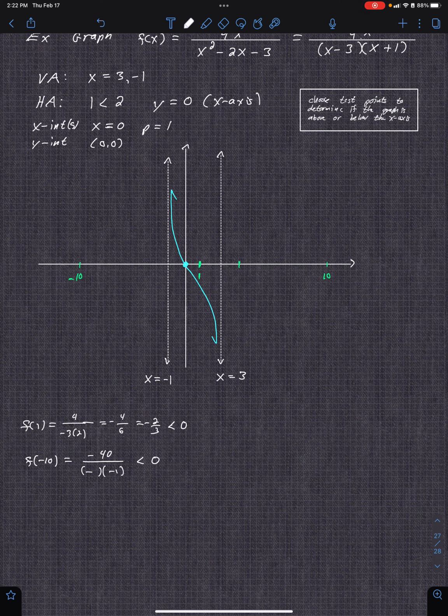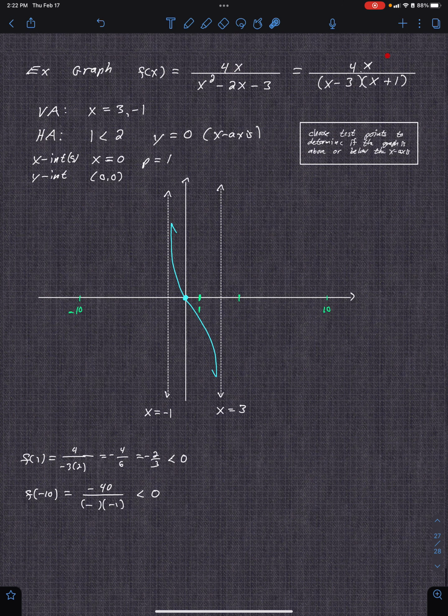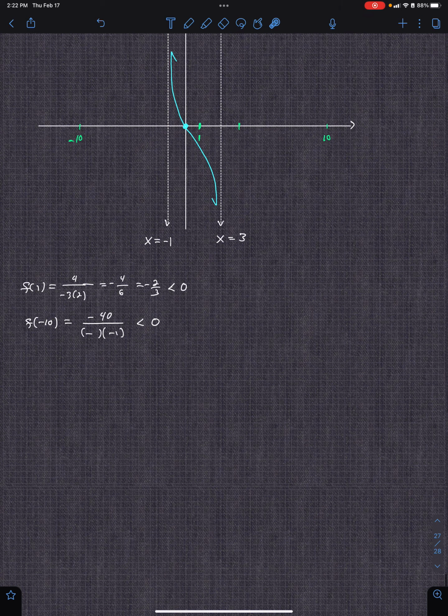It's negative. So all I'm doing is looking at these factors here. I'm not even evaluating it. I put in a negative 10 here, this product's negative. I put in a negative 10 here, this product's negative. The numerator is negative. So the quotient of 3 negatives is negative. It's an odd number of negatives, so it's a negative number. So you're not actually having to evaluate. That's all you're doing.